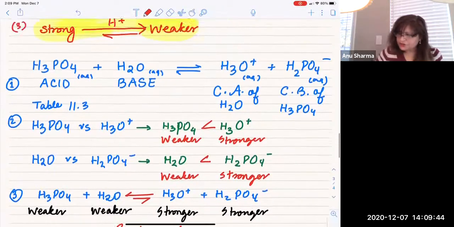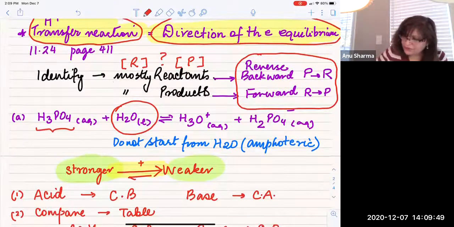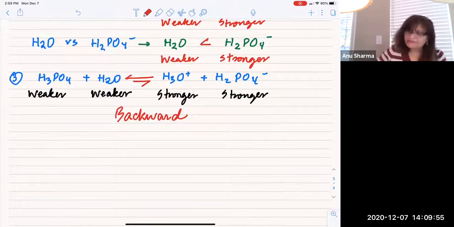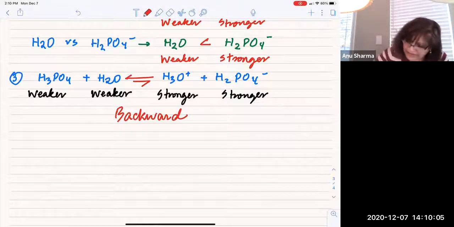Now comes the question. The question is asking a little more in depth: what is there going to be, mostly reactants or mostly products? If it is moving backwards, what is more? The reactants, mostly reactants. This side is the reactants.